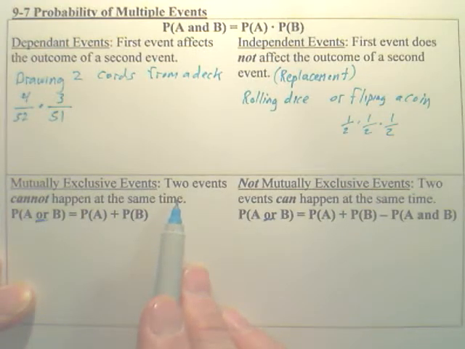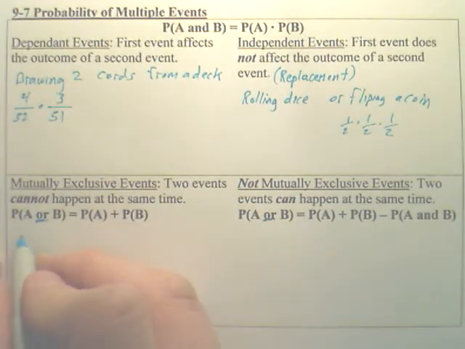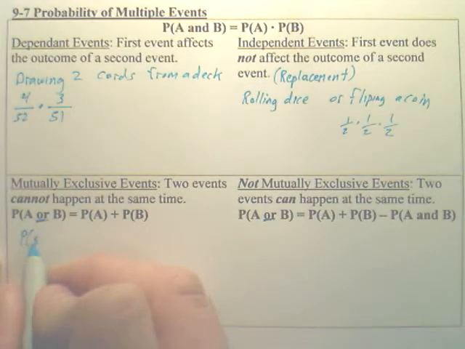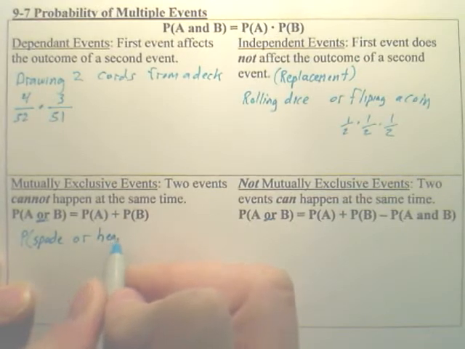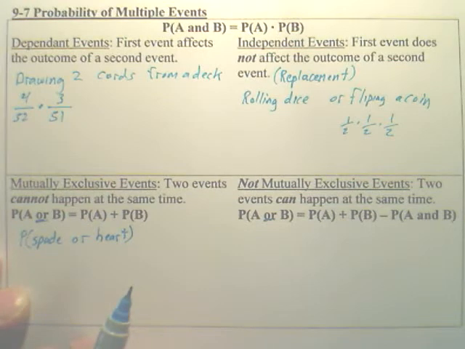An example of that is if you're looking at a deck of cards, I want the probability of a spade or a heart. Now, if you know cards, could you draw a card that's a spade and a heart? No. They don't overlap, do they?